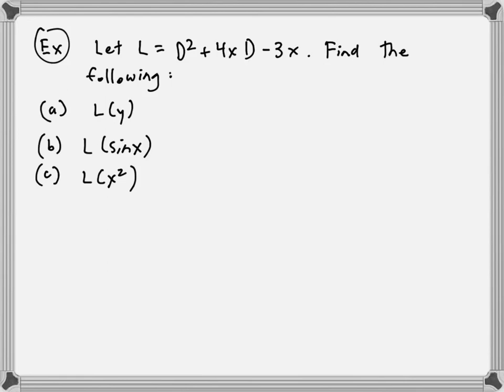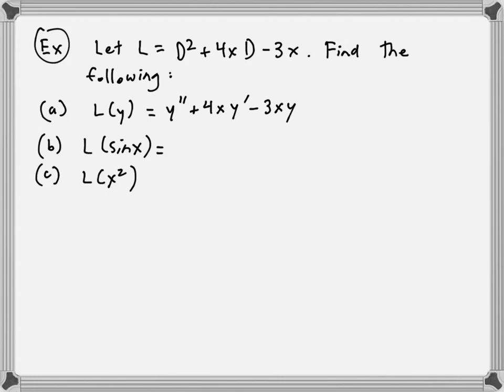So let's first do L of y. Since y is just a general function, we're going to apply that map up there to y. And what do we get? We get y double prime plus 4x times y prime minus 3xy. Okay, so this is what it means to apply that operator to any function.